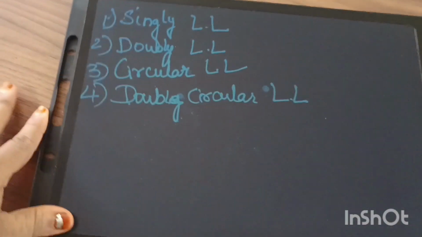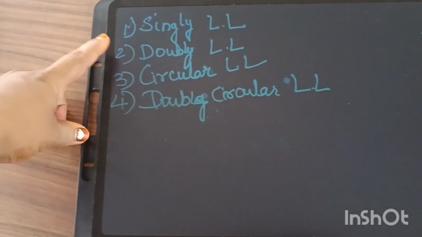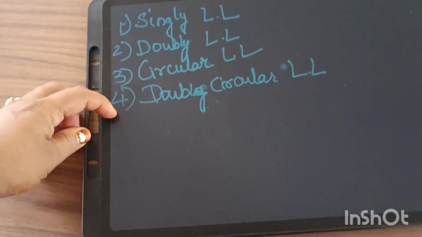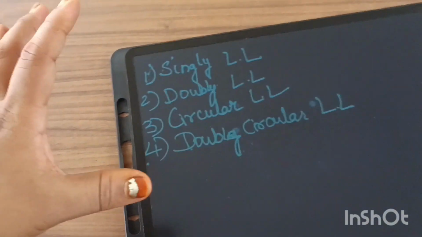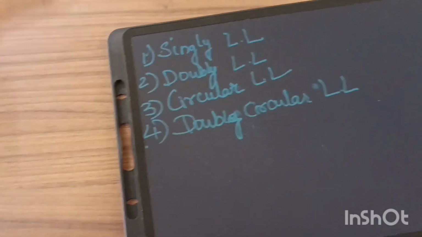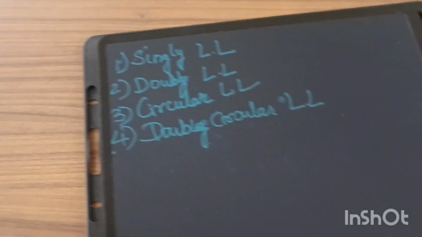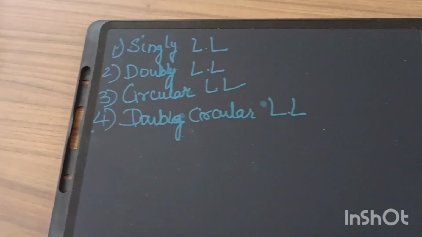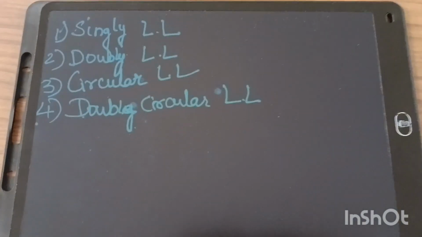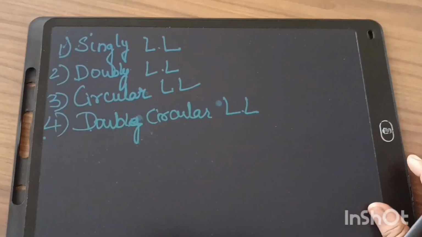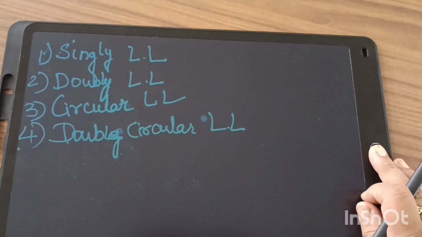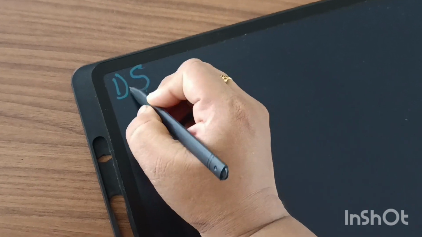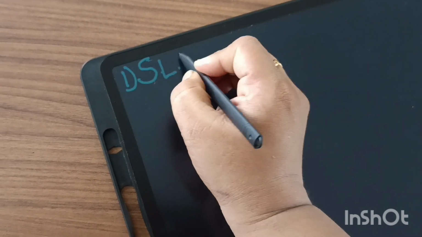So as you can see, there are 4 types of linked list: singly, doubly, circular and doubly circular linked list. As the name indicates, a singly linked list means it is the simple one. Next, doubly, there are double links in the linked list. And circular means it is in a circular fashion, so we will see one by one. So when we are going for the first one, the singly linked list, I show it as a singly linked list.